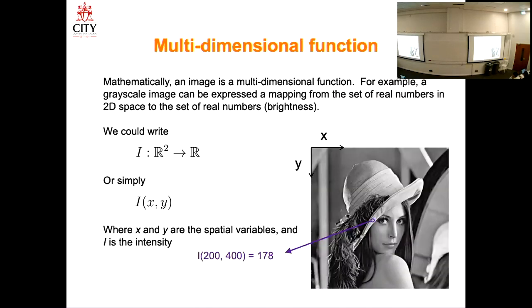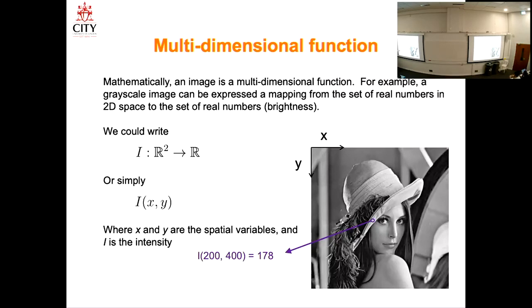So let's see how we represent images generally in computer language. An image is a multidimensional function. It can be a grayscale image, which can be expressed as a mapping from the set of real numbers in 2D space to the set of real numbers, which is brightness, if you like. So images in grayscale show you the brightness level of every individual pixel.